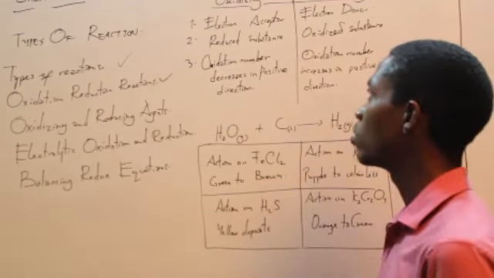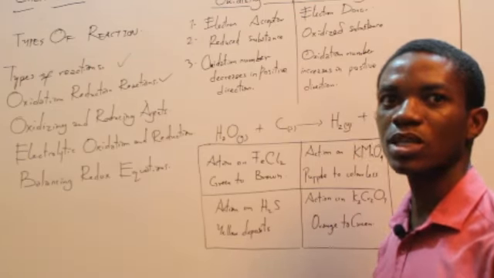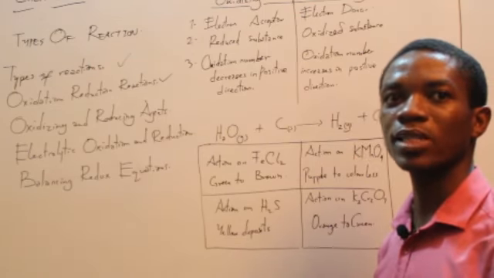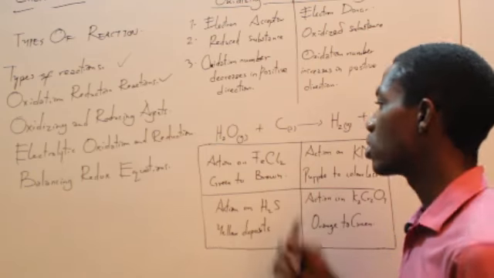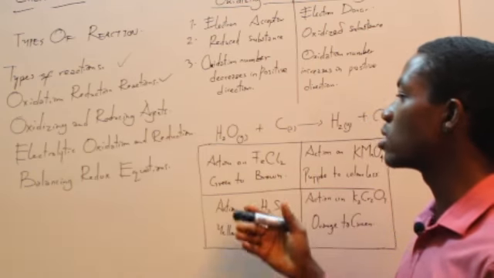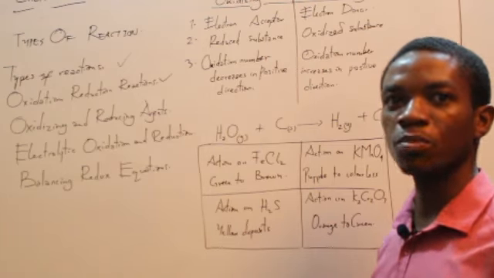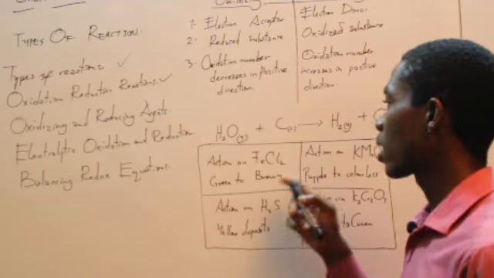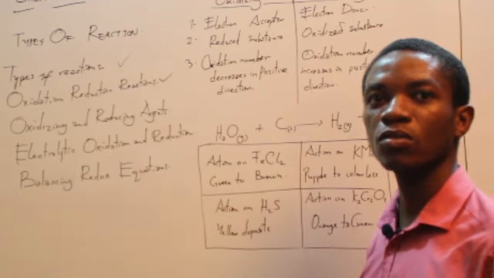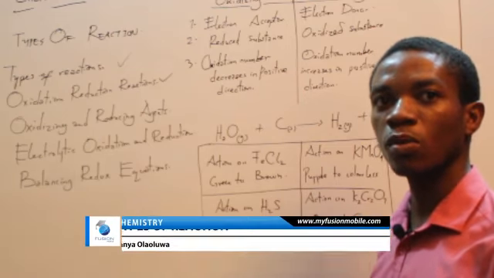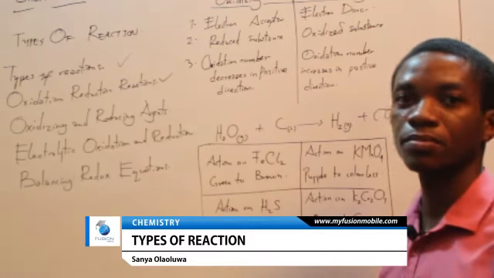Let's look at some of the ways to test for oxidizing agents and reducing agents. To test for oxidizing agents, you test it by the action of the reagent. You pass the reagent over iron 2 chloride.